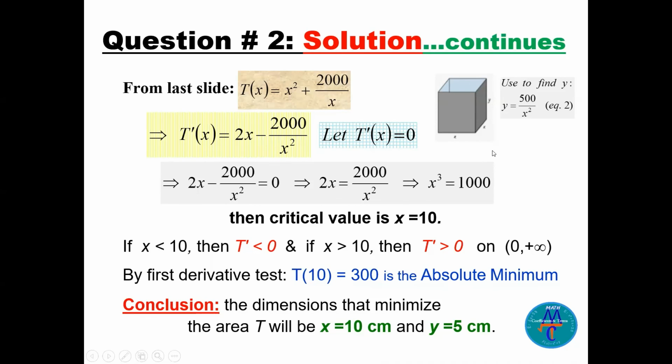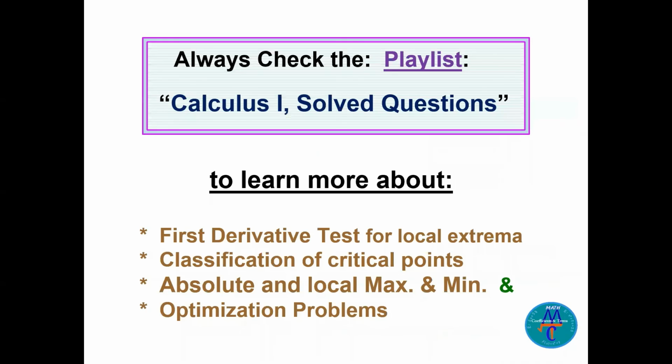Just take X equal to 10 in the Y equation 2. 500 divided by 10 squared, you get the Y. So the dimensions are X equals 10 centimeters and Y equals 5 centimeters.